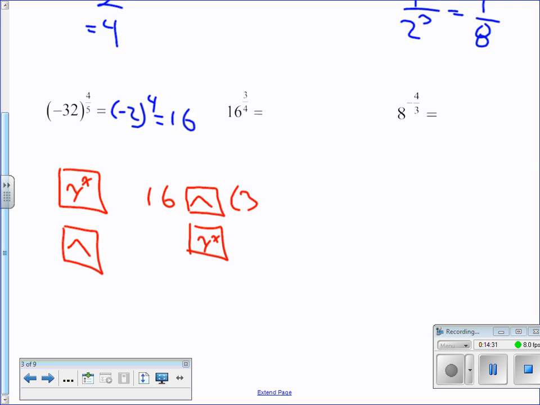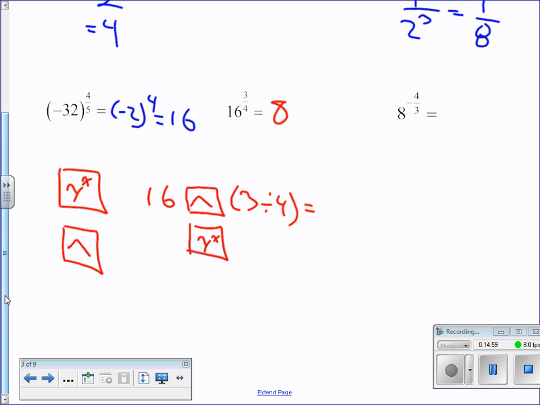Parentheses, 3 divided by 4, end parentheses, and then equals. You should get 8. Get 8? Okay.